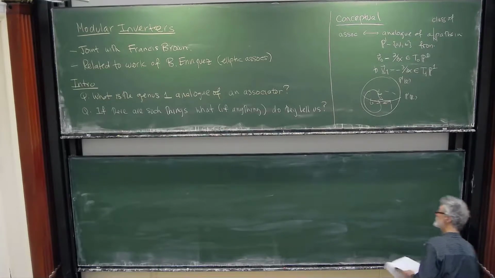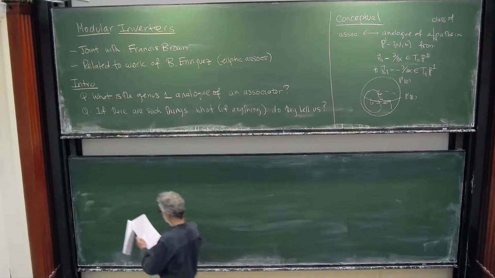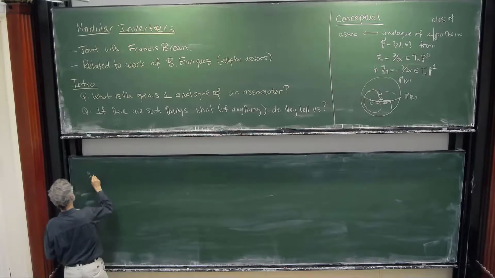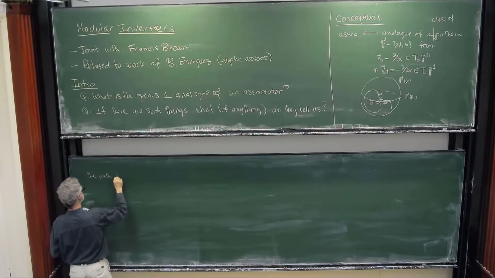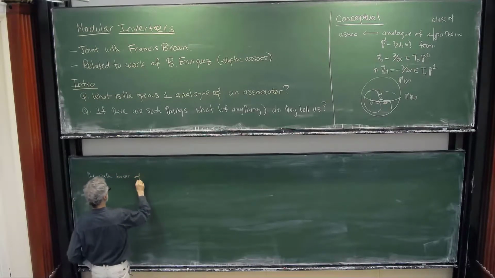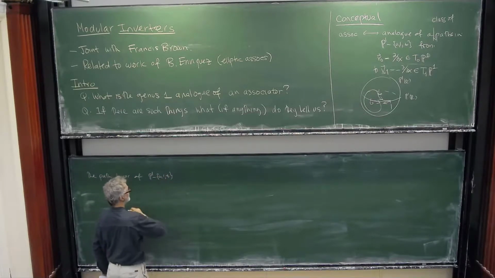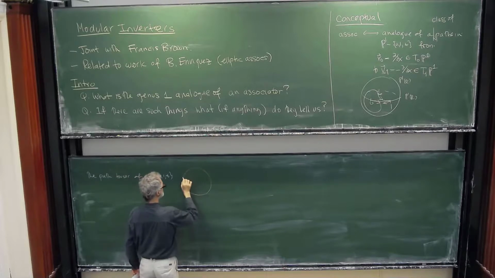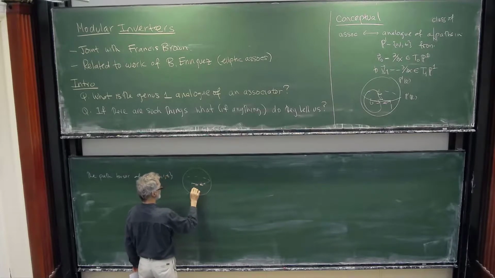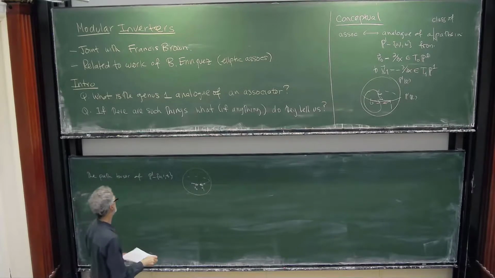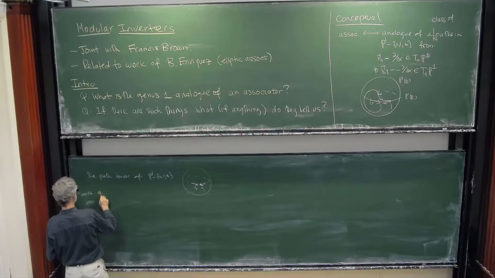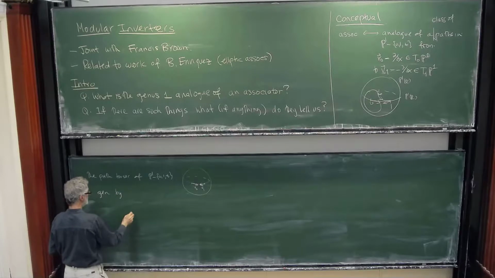And so the next important thing is the path torsor of P1 minus 0, 1, and infinity, and I've got to specify my points. The two points or vertices I'm going to choose are going to be V0 and V1, and it's generated by just three paths.